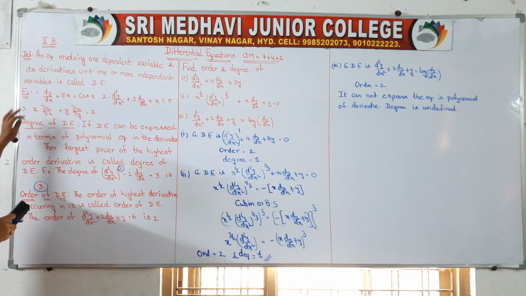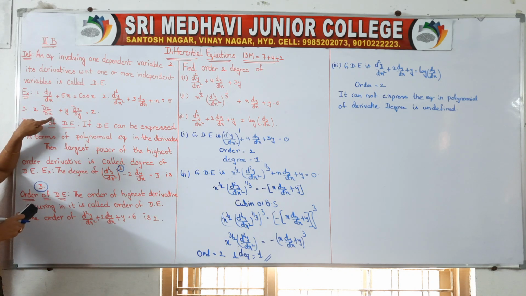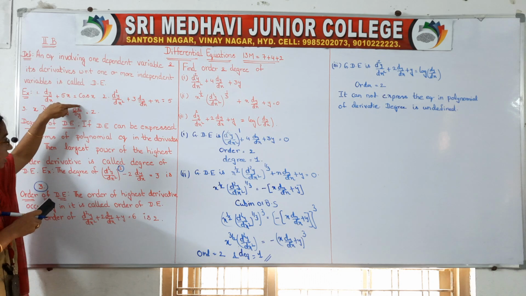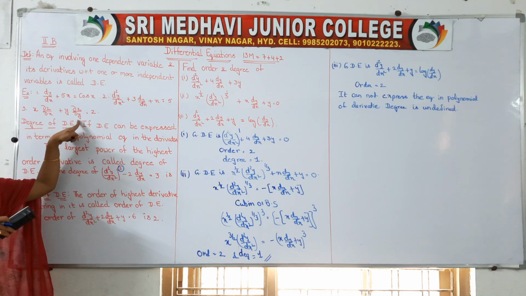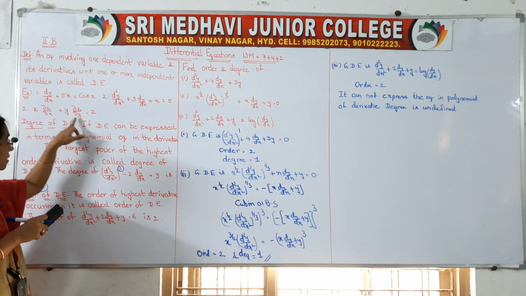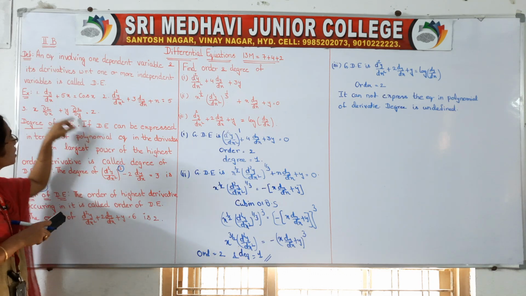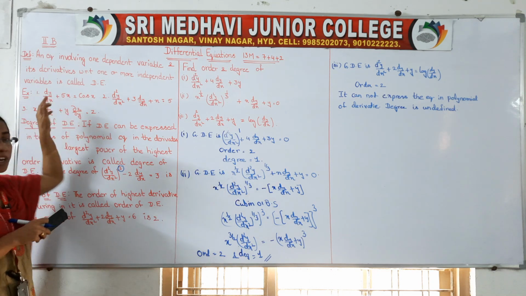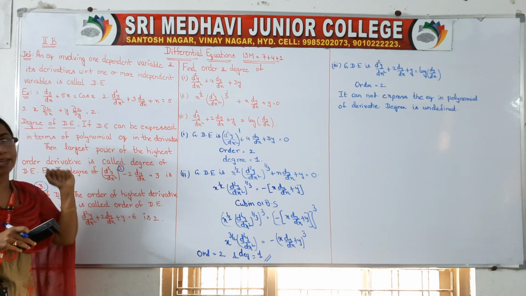So we are differentiating z partially with respect to x, and partially with respect to y. That means z is dependent on x and y in this equation, and in the other equation y is dependent on only x.